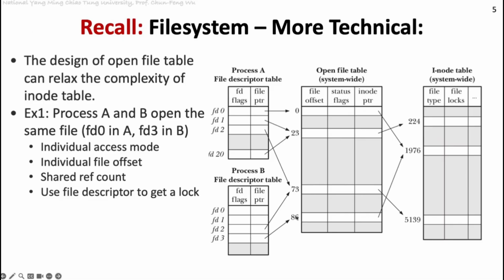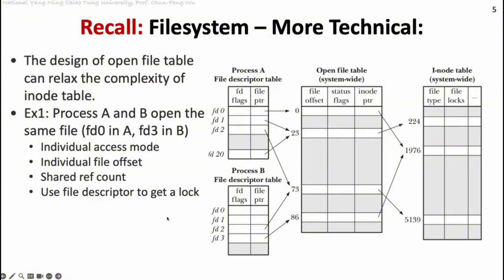With this information, even if multiple processes share the same file, we can still manage the process-level issue. And because several processes can share the same file, there is a reference count to count how many are sharing this inode.